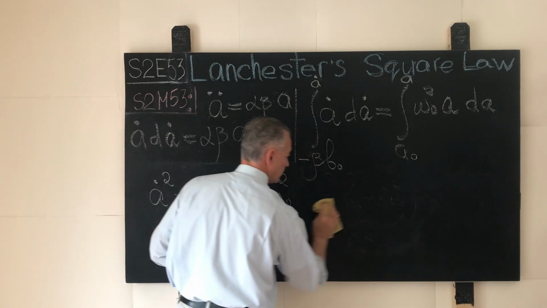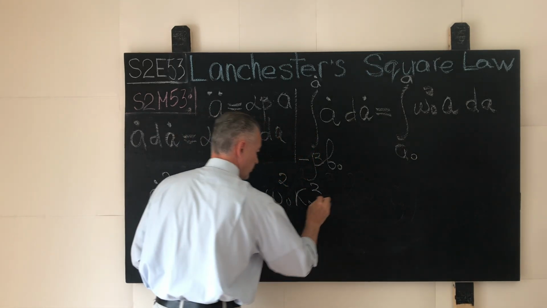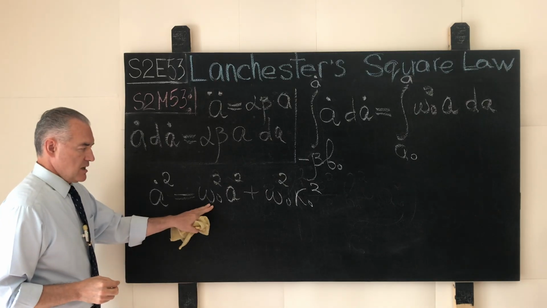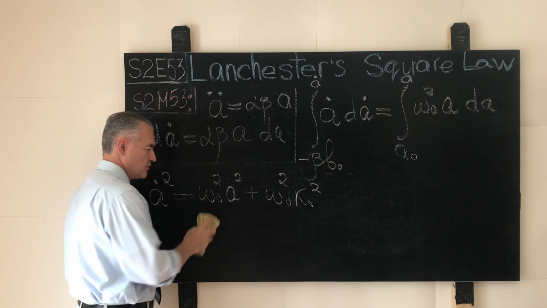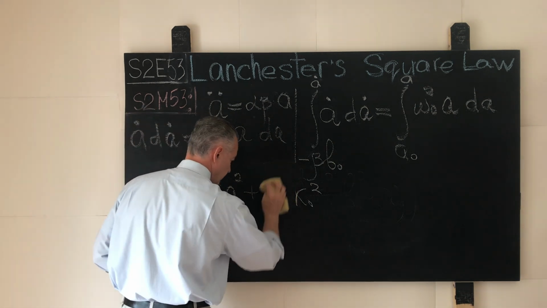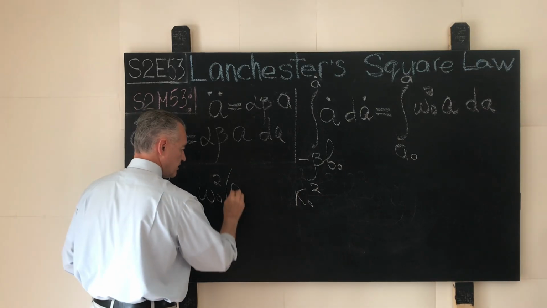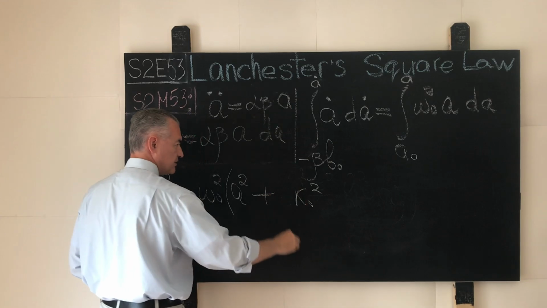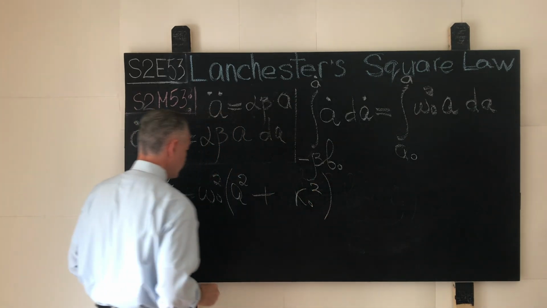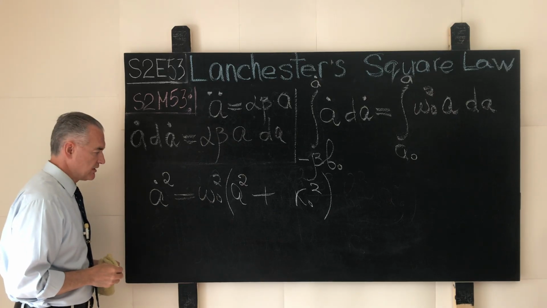Look at this. Now we have nice and neat k0 squared. Omega_0 squared, omega_0 squared. What happens here? We factor it out. Exactly, we factor it out. So now, what do we have? Open paren, a squared plus k0 squared, like that.